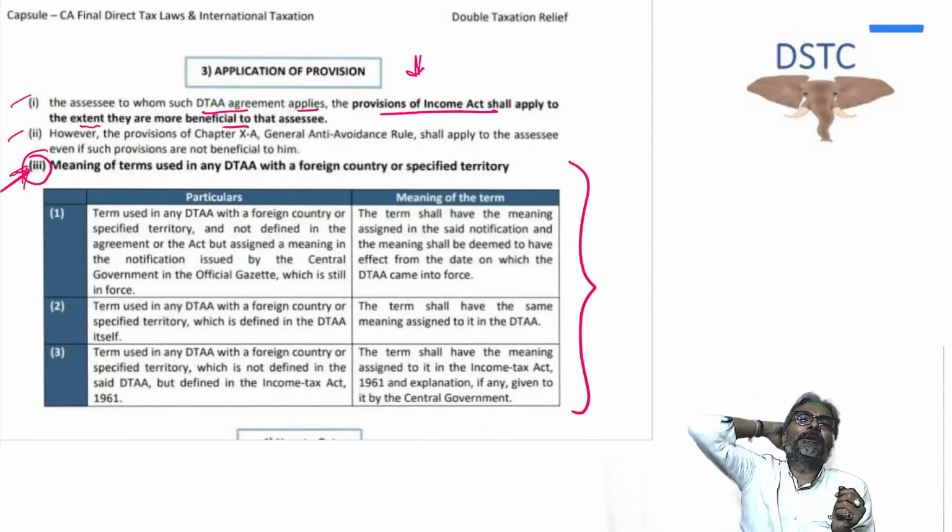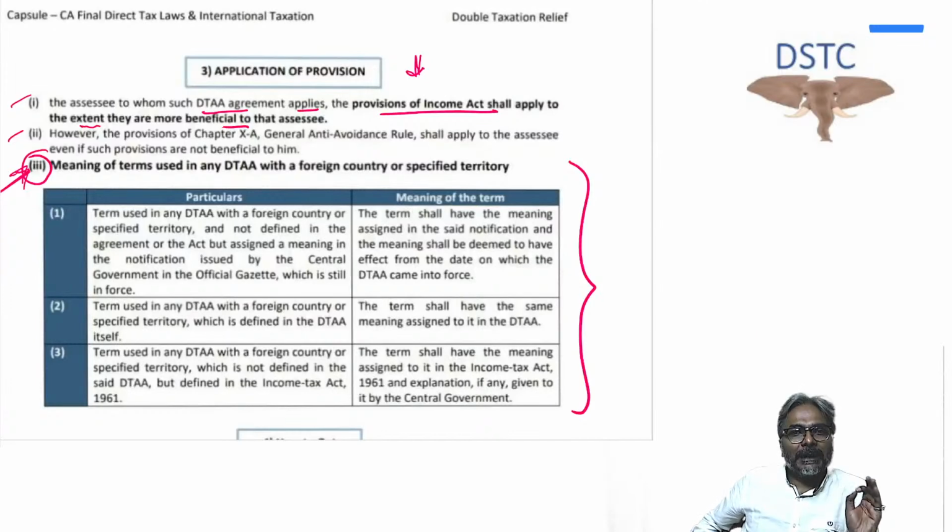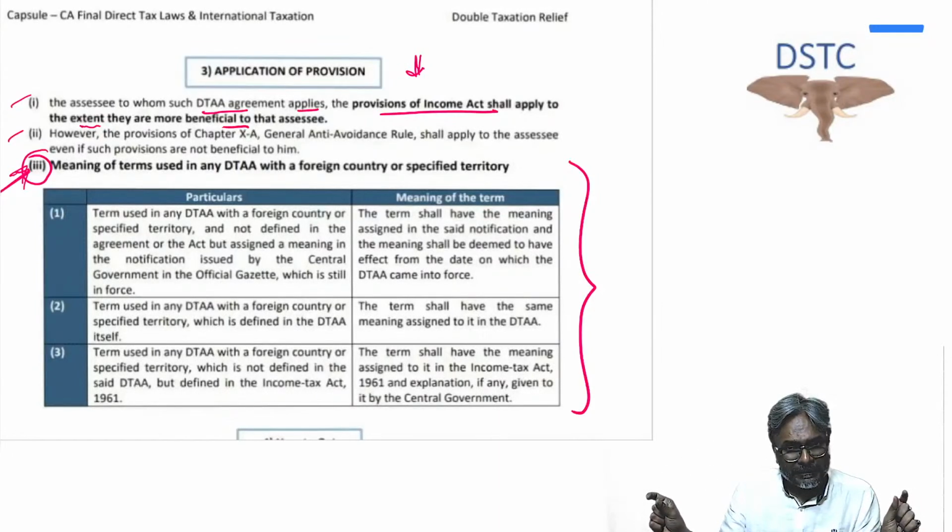Students, if a particular term has been defined under the treaty, be careful. In the first lecture, I told you there was this royalty concept that came of computer software. The treaty defined royalty and the Act has defined royalty.